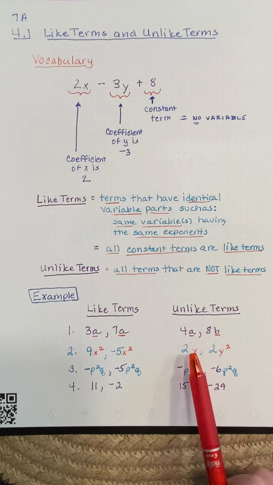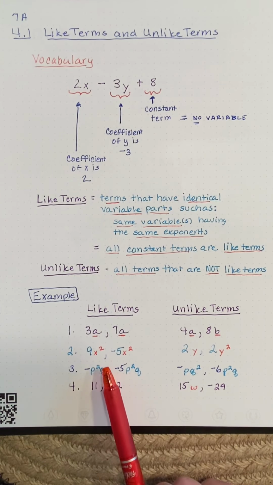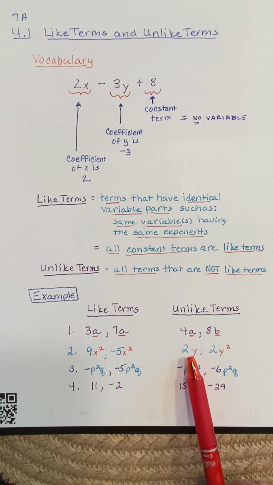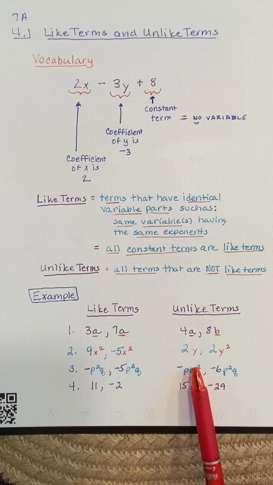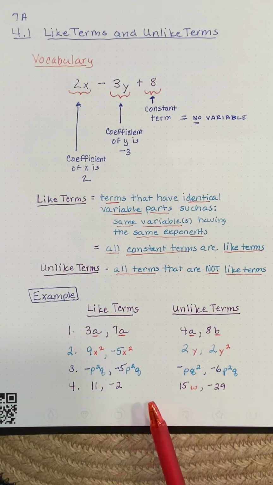In number 2, 9x squared and -5x squared are like terms. The numerals are different, but the variable to the second power is identical, so those would be like terms. However, 2y and 2y squared are unlike terms because y and y squared are different.